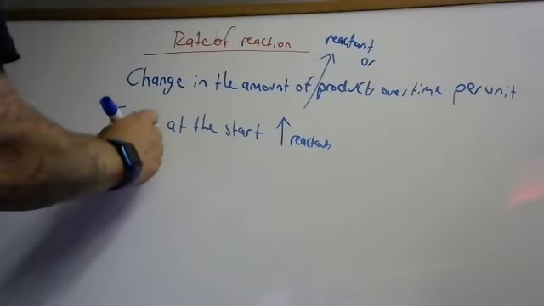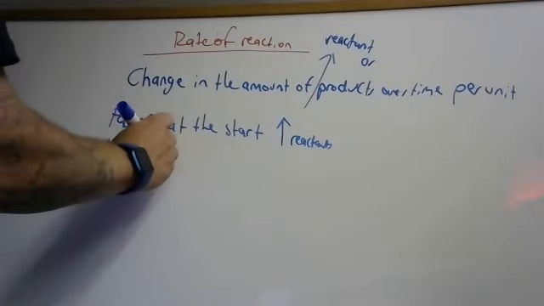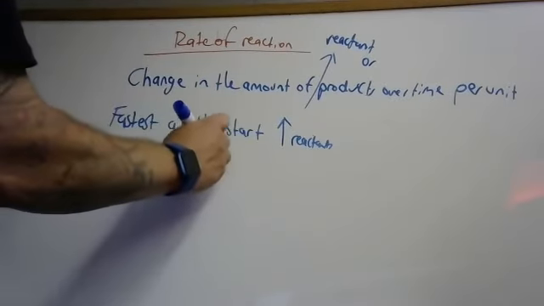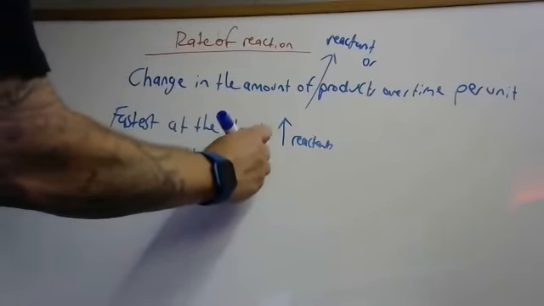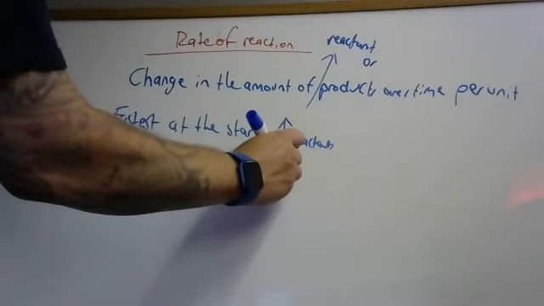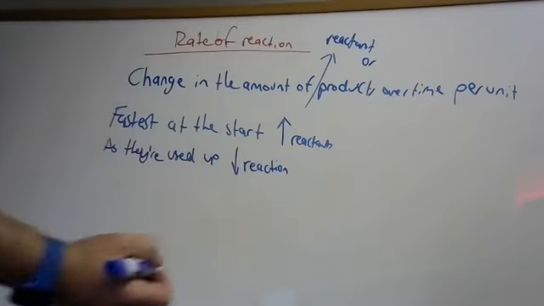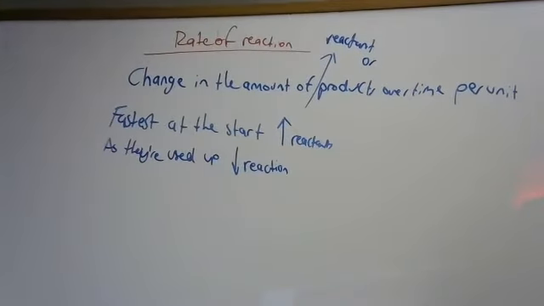The rate of reaction goes down. So the amount of product depends on the amount of reactants used.